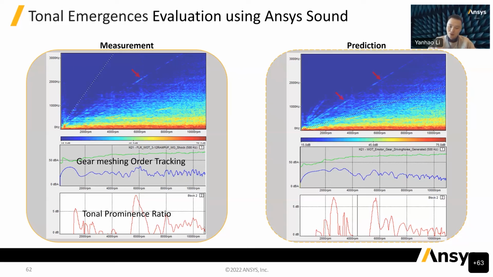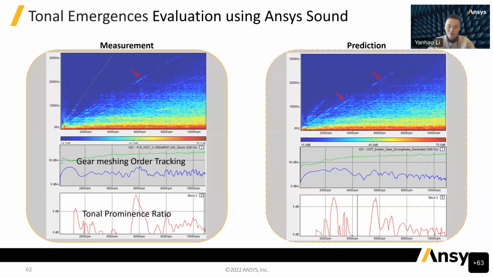Like listed below, you can do order tracking to understand how specific orders contribute to the overall levels. You can also track the tonal prominence ratio of specific orders, to help you understand the prominence levels of these tones. Like here, you will find there's a little difference between the measurement and prediction.